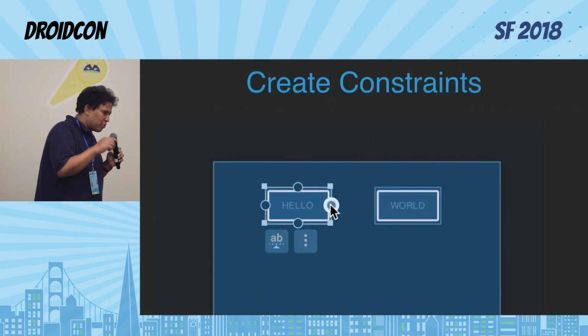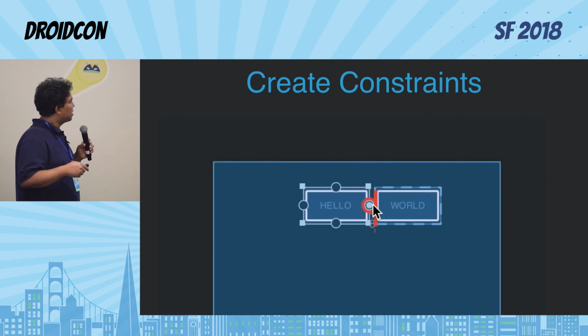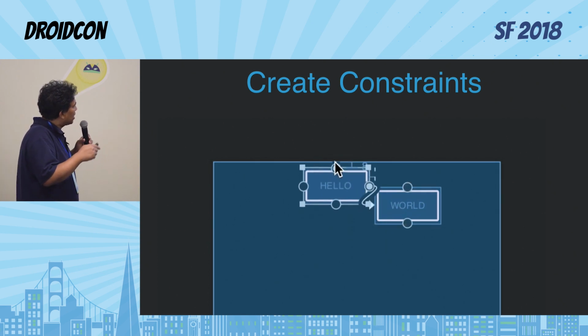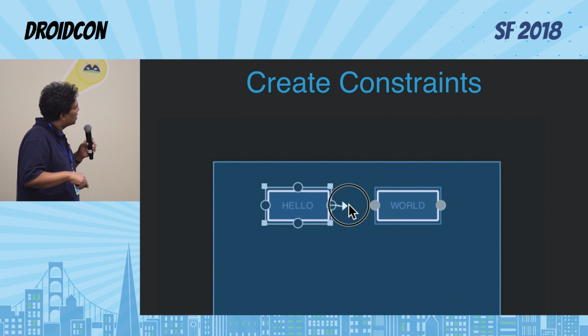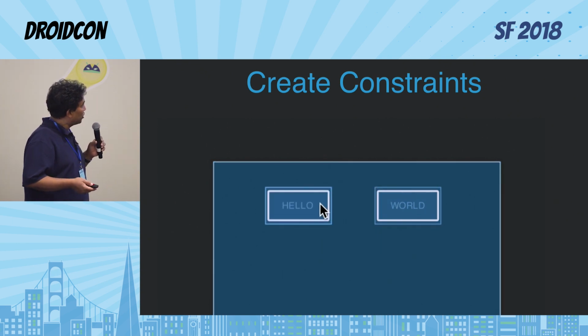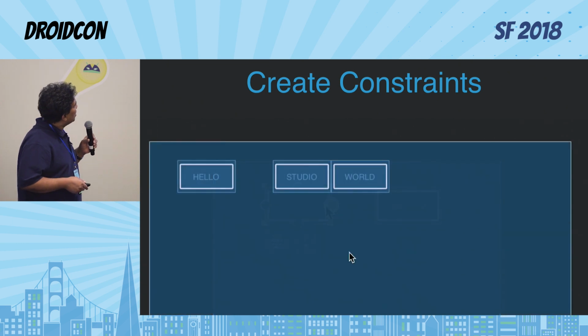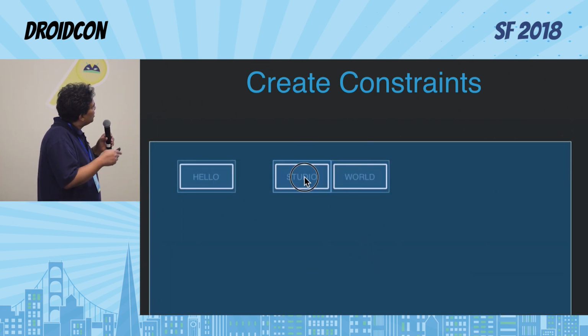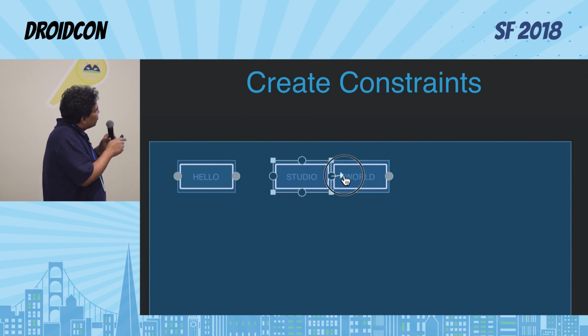Now, let's go through a little bit of how to use it. The simple one is you can just click on an anchor, those circles, and drag it off to connect to another object. It's pretty straightforward. You can use a different trick when it gets really close.